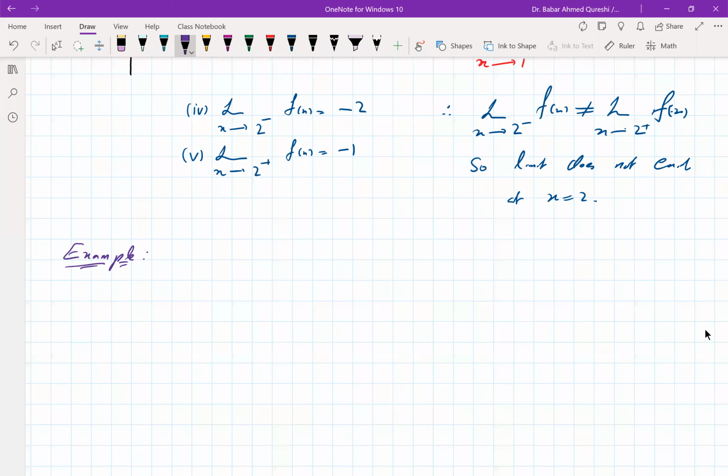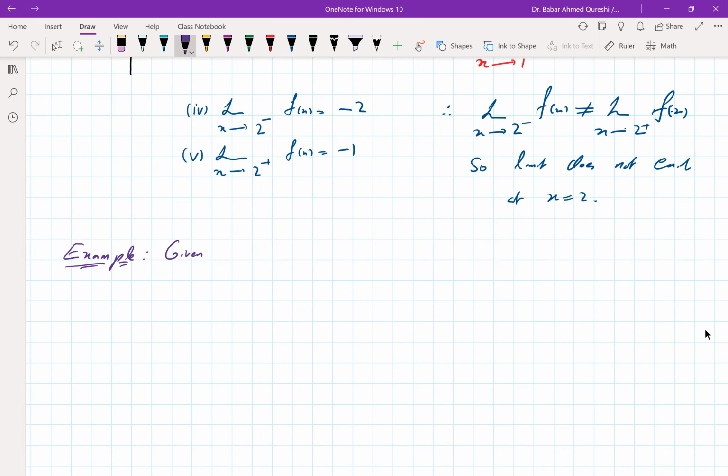So suppose you are given that limit, x going to 1. Well, let me write it this way.